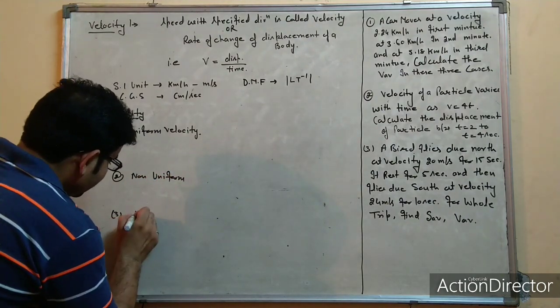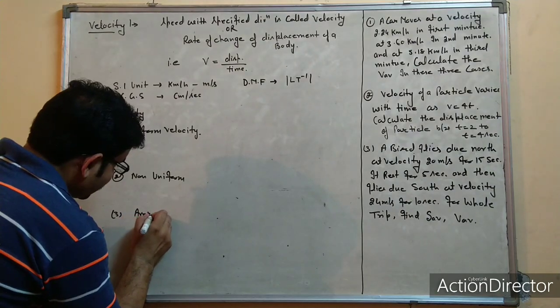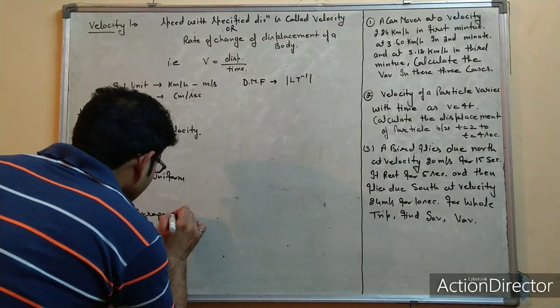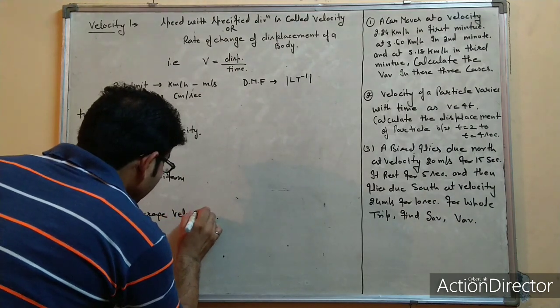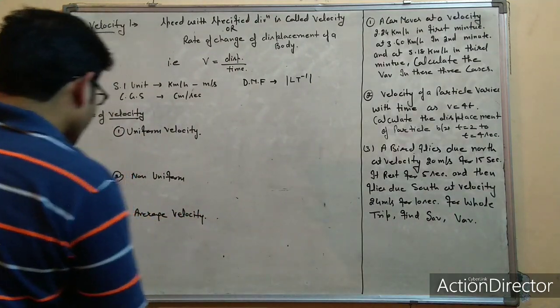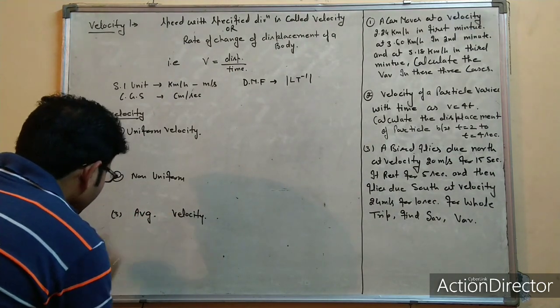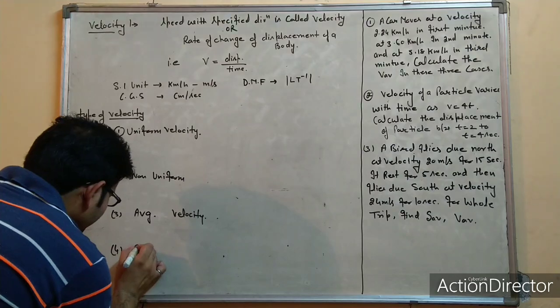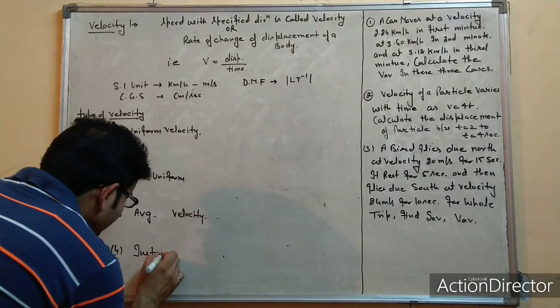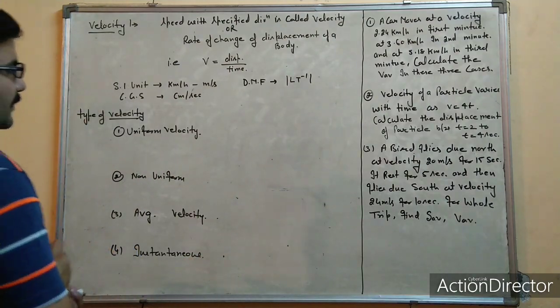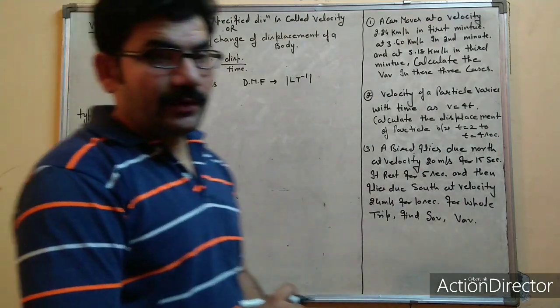Third, average velocity. And fourth, instantaneous velocity. These are the four types of velocity.